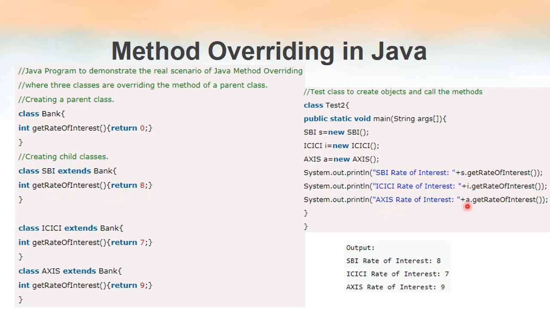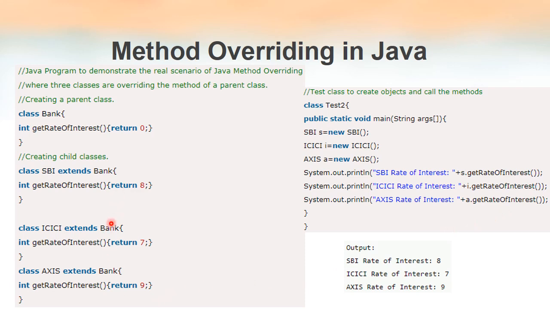Similarly, when I call i.getRateOfInterest, since I is the object of class ICICI, I will be getting the value 7. Similarly, when I call a.getRateOfInterest, the value that I will be getting is 9.